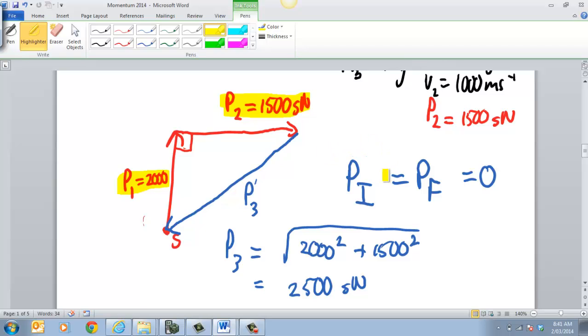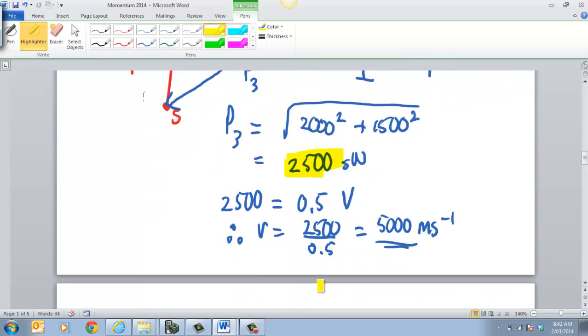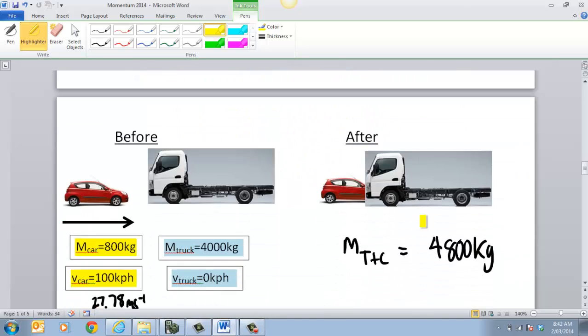Using Pythagoras and conservation of momentum, the initial momentum has to equal the final momentum, which is 0 in this case. Because these are going off at right angles, we could work out that the momentum of particle number 3 was 2,500 kg m/s. Then we divide the momentum by the mass, and we get the velocity of the third fragment of the bomb to be 5,000 meters per second.